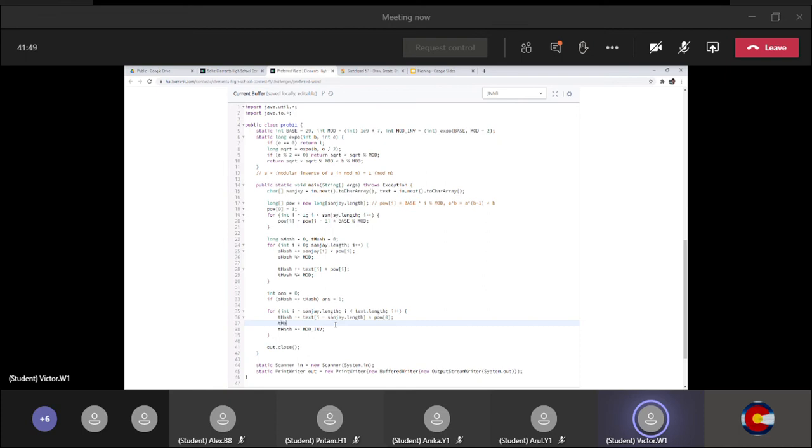So we want to make sure all of our values are always positive. Here, if this is less than 0, we're just going to add a mod to the answer, which will not affect our final answer at all, as long as we constantly mod. Multiplying by the modular inverse, I'll comment out here, is essentially the same thing as dividing by the base.